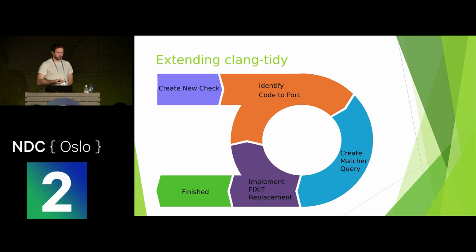You create a new check in the clang-tidy tool. You identify your C++ code to port. That's just literally deciding what you want to do. You create what we call a matcher query. I'm going to spend about half of the talk talking about that today, in order to match parts of the C++ code that you actually care about.